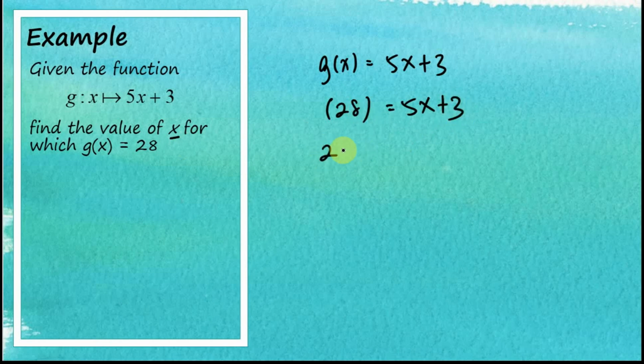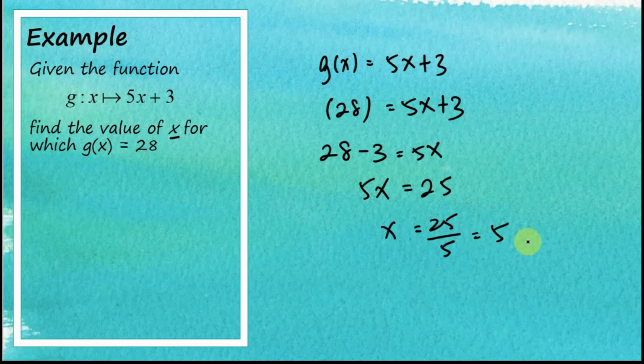It becomes 28 minus 3 equal to 5x, so 28 minus 3 equal to 25, and therefore x is equal to 25 divided by 5, which is equal to 5.